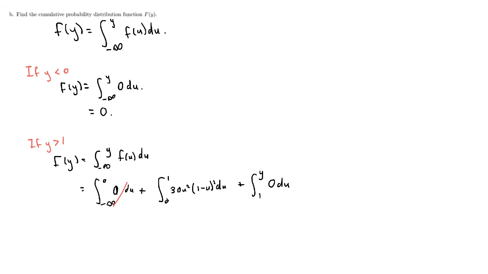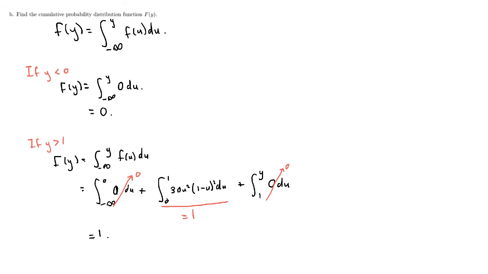And this integral here will be 0, and this one here will be 0. And from part A, this integral over the PDF from 0 to 1 is equal to 1. So this whole thing here is going to be equal to 1.